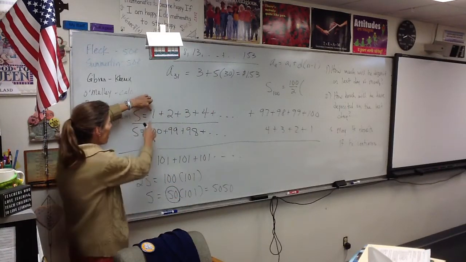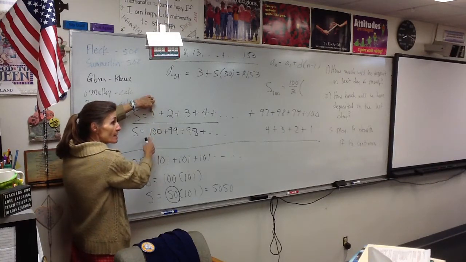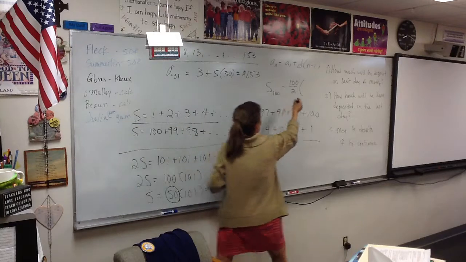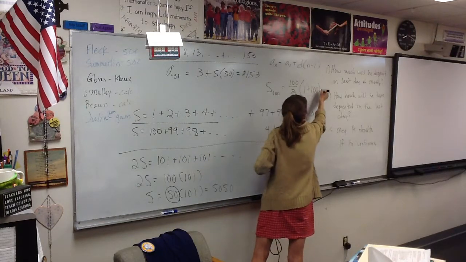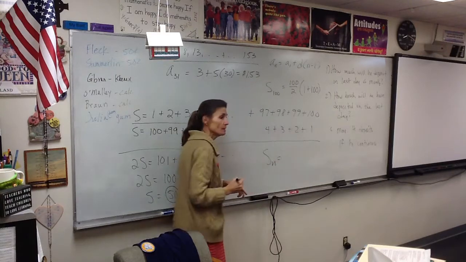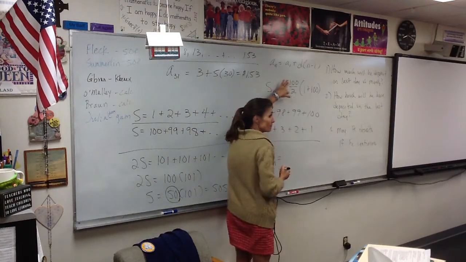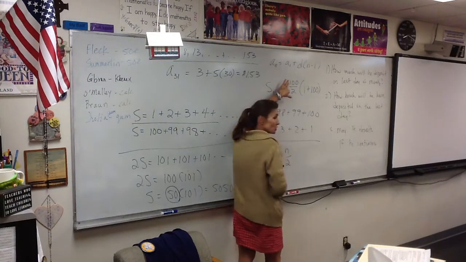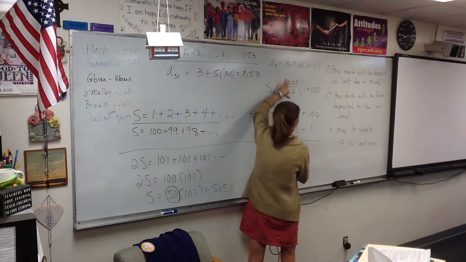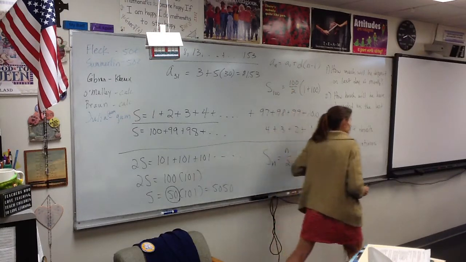The sum of what special sum? The first term plus the last term. So in a general formula, the sum of n terms would be n divided by 2 times the first term plus the last term.